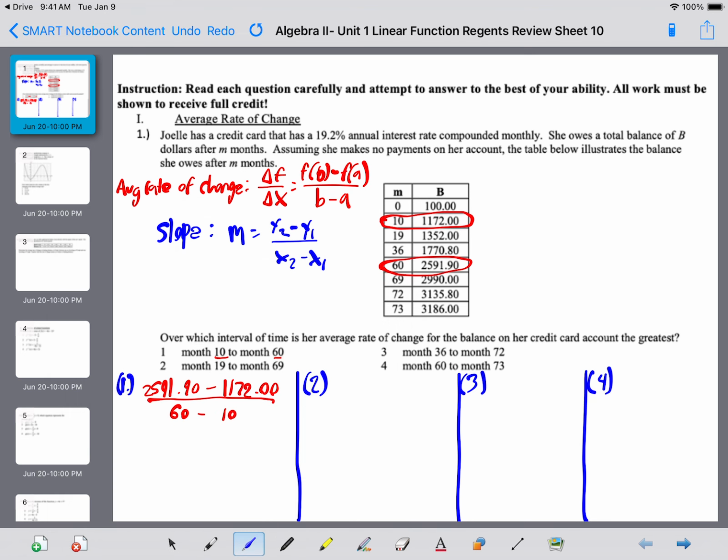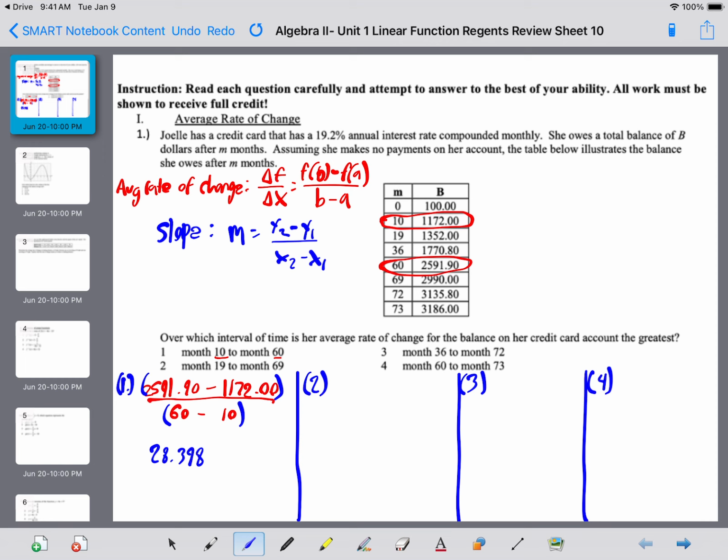If I wanted to put the entire thing in my calculator, make sure you put parentheses around your entire numerator and entire denominator. I end up getting the average rate of change is 28.398.